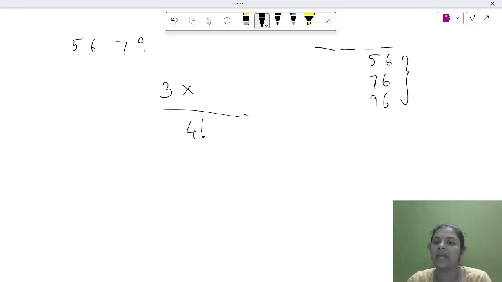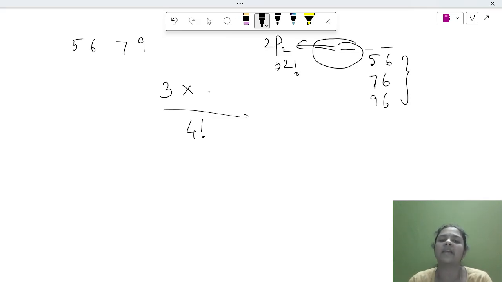And now can I interchange these digits? No. So in the number, they will stay as they are. Only the first 2 digits can interchange themselves. So the first 2 digits can arrange themselves in 2P2 or 2 factorial ways. So 3 into 2 factorial.